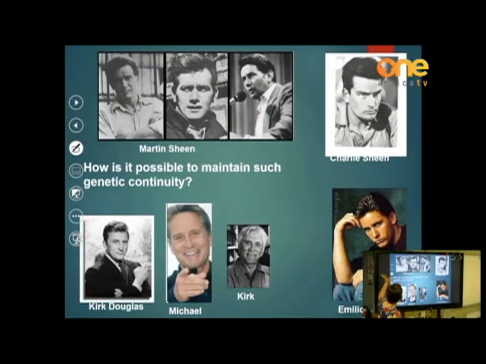Now, if we look at humans, we can see there are quite a few resembling. These are brothers. I think the one was the father and brothers, but we can see that they really look alike. Here we have a father, a son, and his son, and we can see how they look alike.